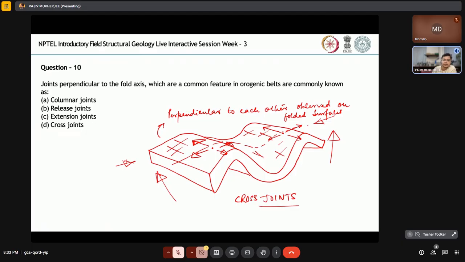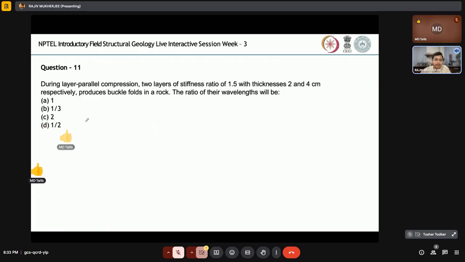So in an orogenic belt, due to differences in the stresses, folded structures particularly would definitely develop cross joints. So option D is the correct answer in this case. Moving on to the next question.